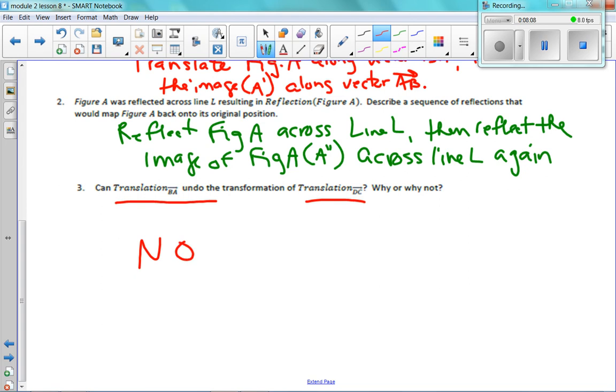To undo the transformation, you would need to move the image of figure A after the translation back to figure A. And the listed translations do not do that. Okay?